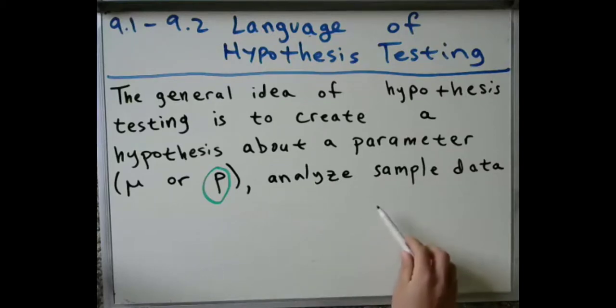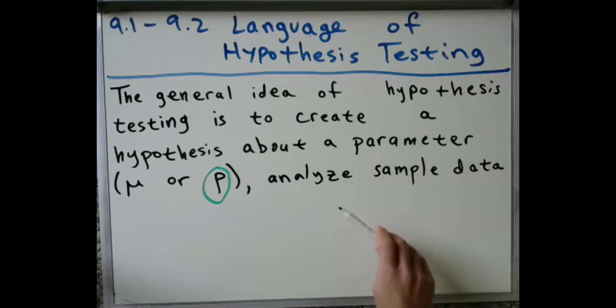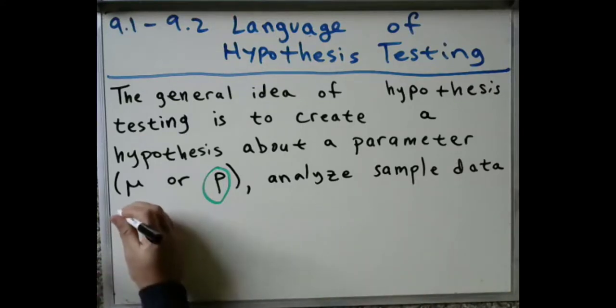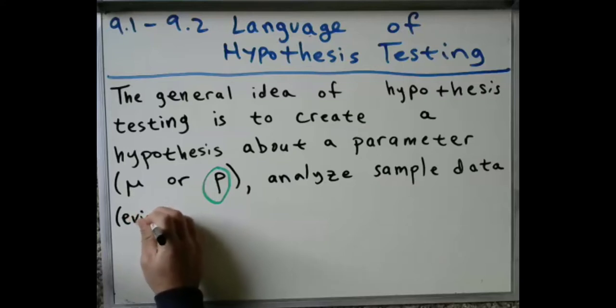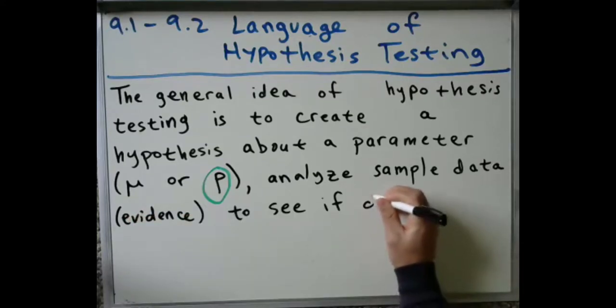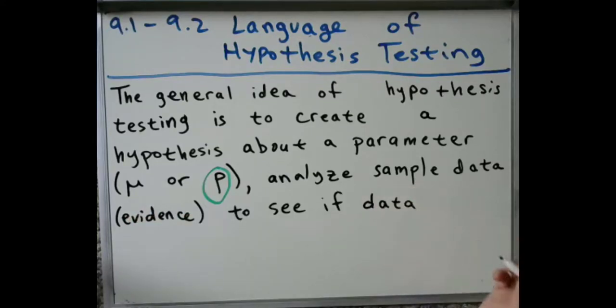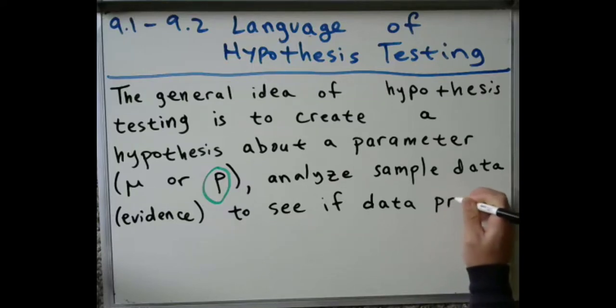And so data needs to be collected, and we need to analyze that sample data. You might even call it evidence, to see if that data provides sufficient support for that hypothesis.